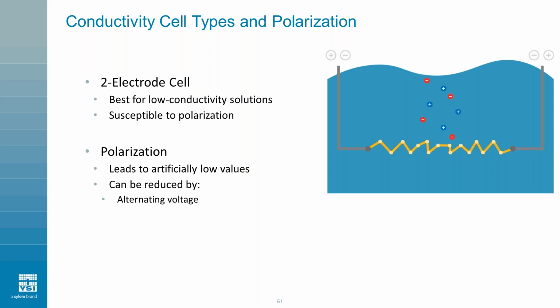Think of this like a tug of war between the two electrodes. So this mitigates all the negatives from sticking to one electrode and all the positives sticking to another electrode. Despite these countermeasures, polarization effects cannot be completely avoided when measuring high ionic concentrations with a two-electrode cell.